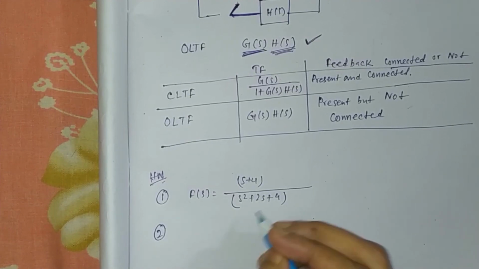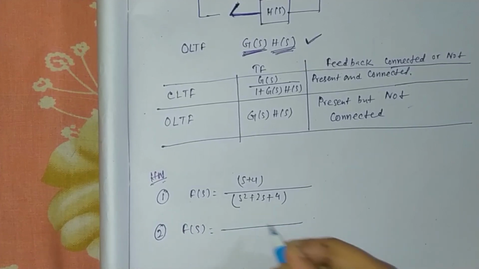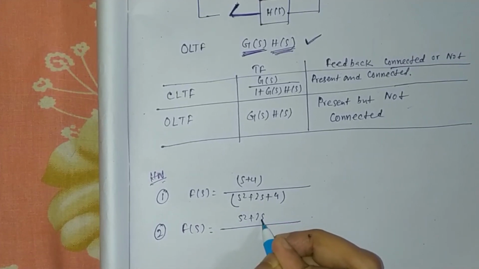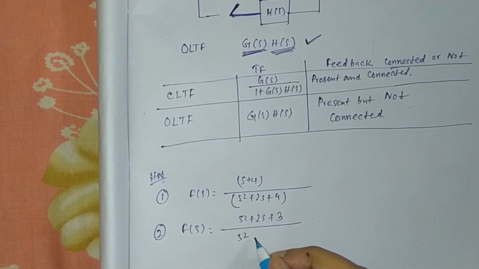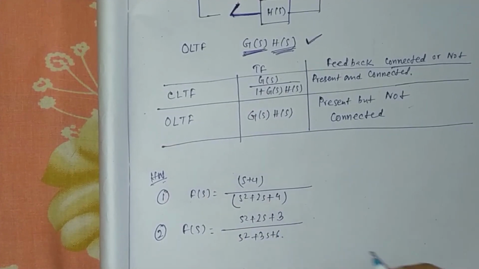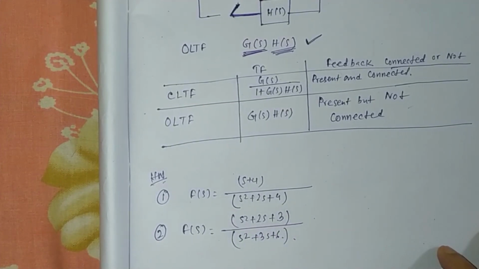Another is F(s) equal to (s square plus 2s plus 3) over (s square plus 3s plus 6). These two problems you just try at home. If you can't do them, that is okay, but don't leave it alone, just try at home. That will help you a lot.